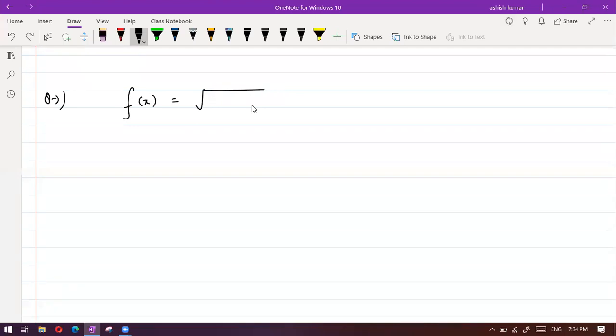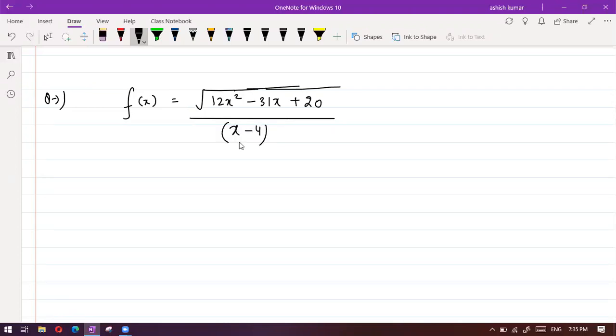Wait a second. Let's complicate this part a little bit. f(x) is equal to root over 12x square minus 31x plus 20, divided by x minus 4. So let's try this question.